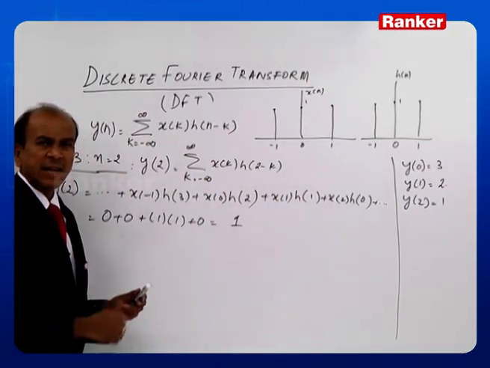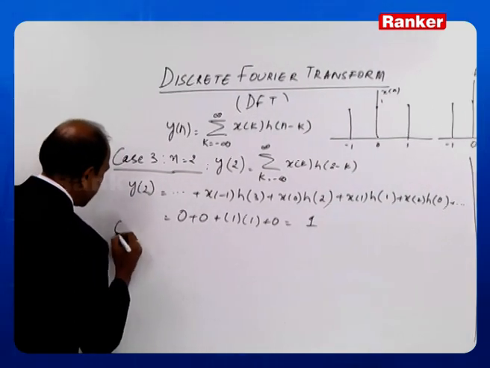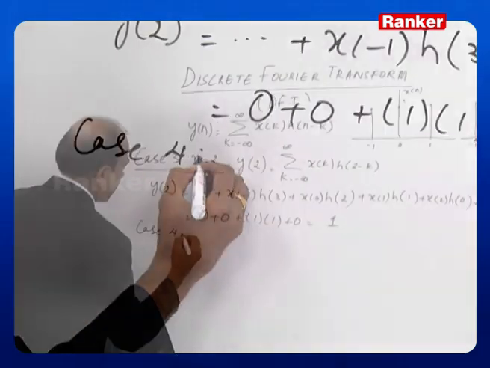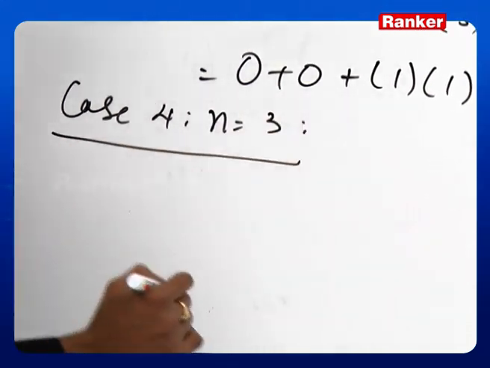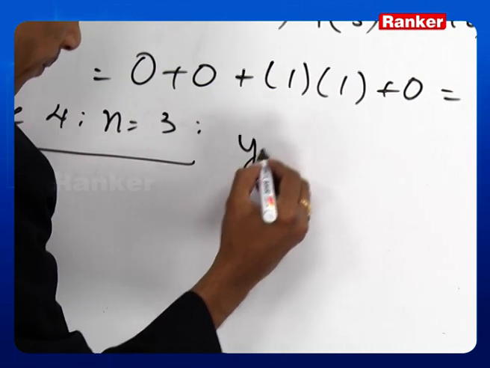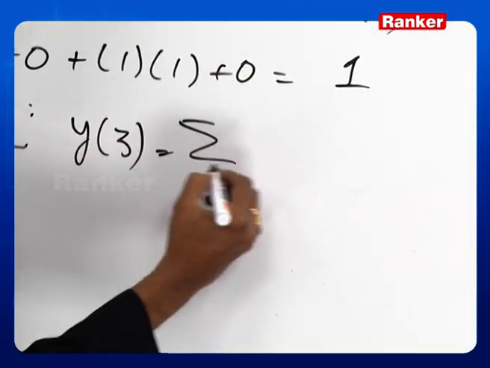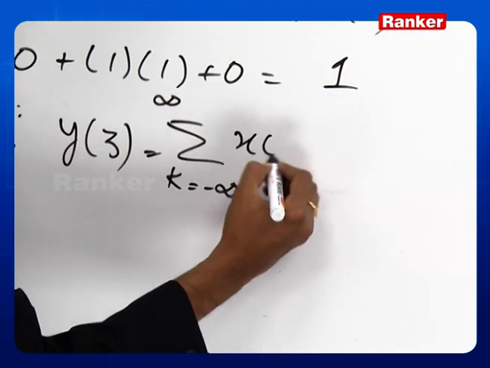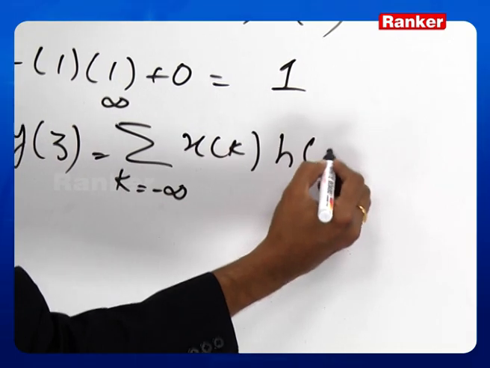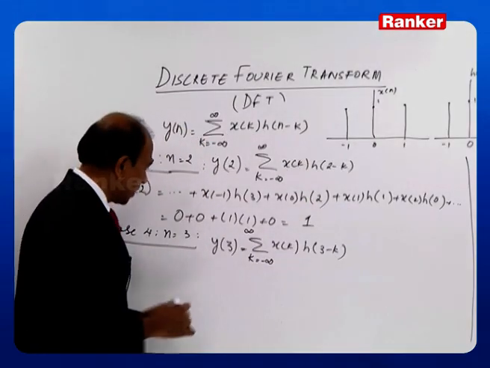Similarly, let us take one more case. Let us take n is equal to 3. Let us take that case 4, n is equal to 3. Then the formula here will be y of 3, because n is 3, this becomes the summation over k from minus infinity to plus infinity of x of k h of 3 minus k. Let us start again.